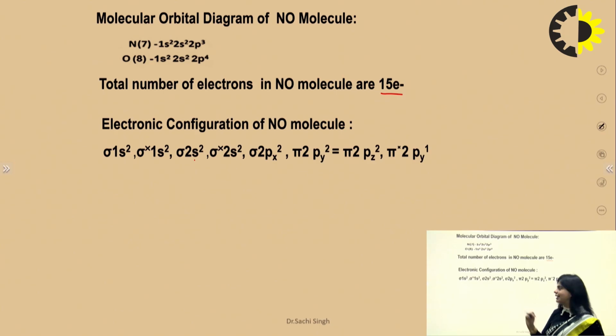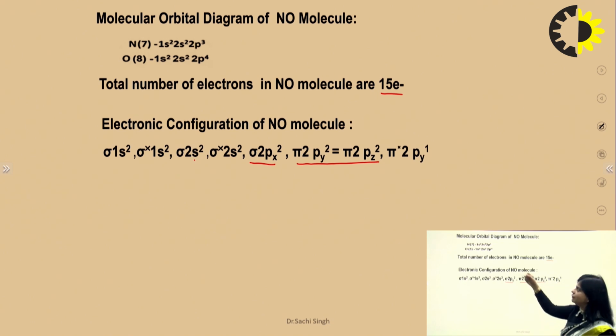So in case second, firstly written is sigma 2px, then pi 2py and pi 2pz, and then pi star 2py and pi star 2pz, depending upon the molecular orbital diagram, because electrons are completed in this pi star 2py. That's why only pi star 2py is written here.